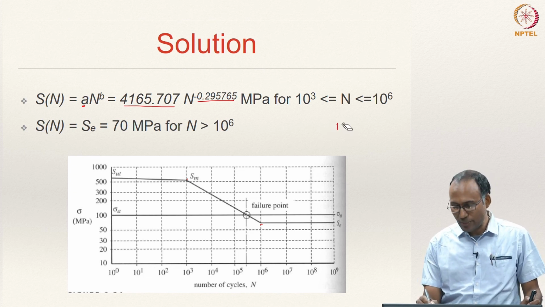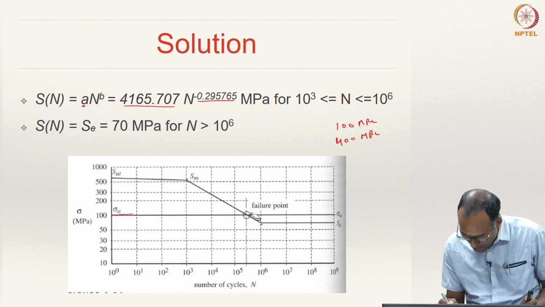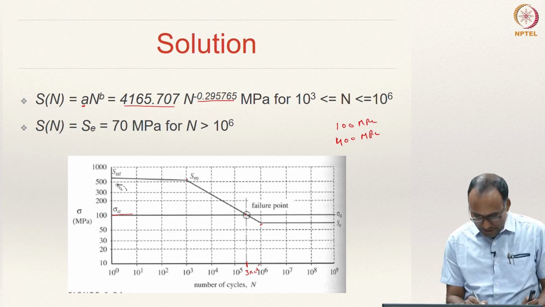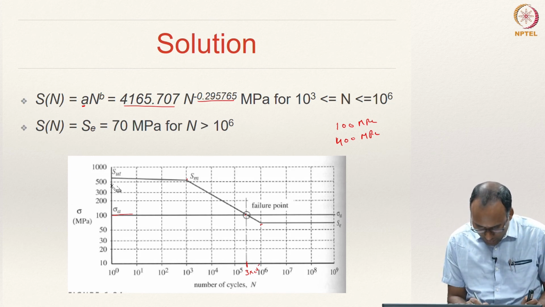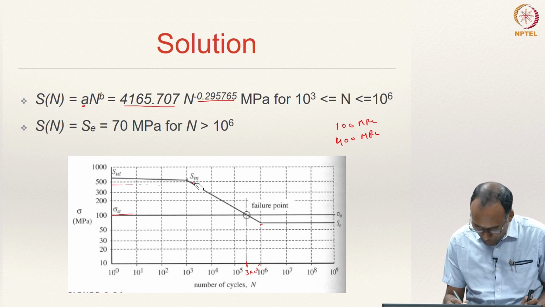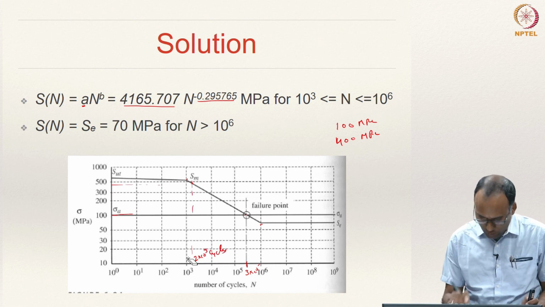What happens when my stress amplitude is equal to 100 MPa, and what happens when my stress amplitude is equal to 400 MPa. You can clearly see that at 100 MPa it fails, it gives you a life of say 3 into 10 power 5 cycles, whereas for 400 MPa, somewhere here, it will give you a life of about 2 into 10 power 3 cycles, right, that is corresponding to 200 MPa.